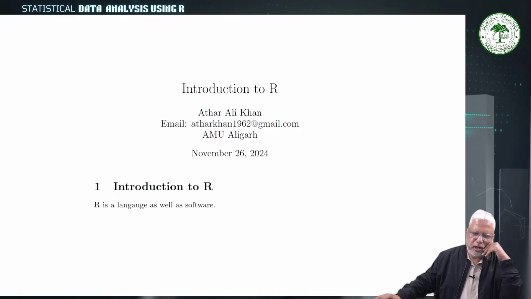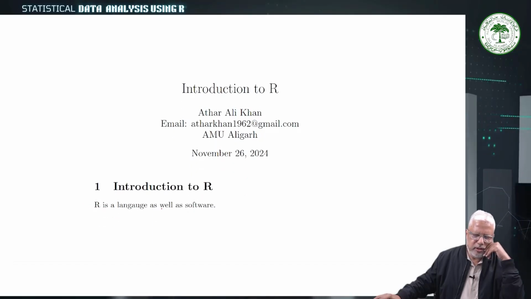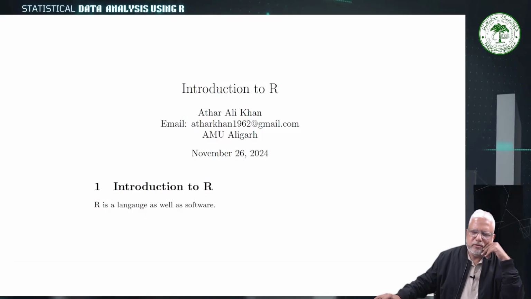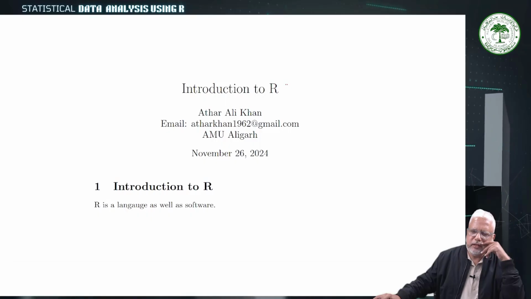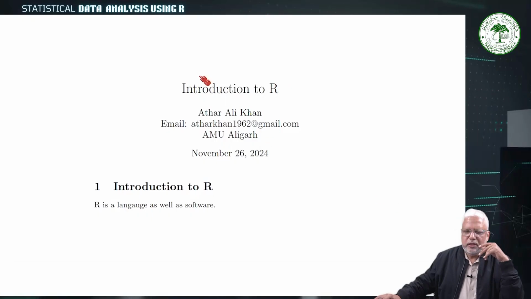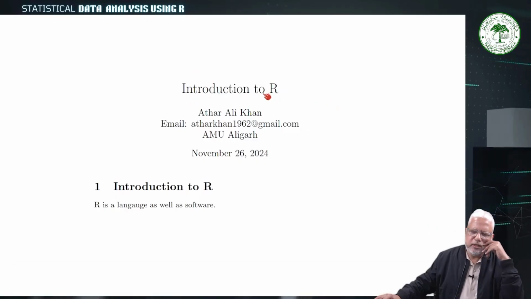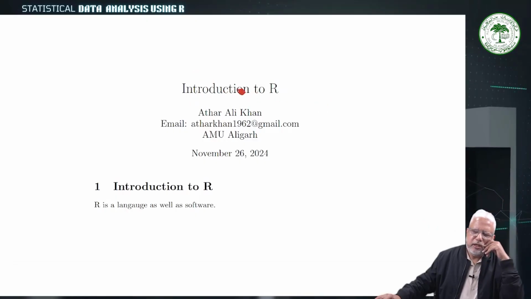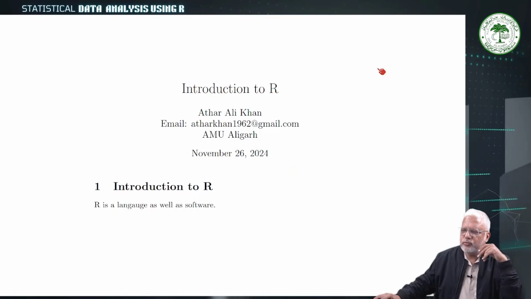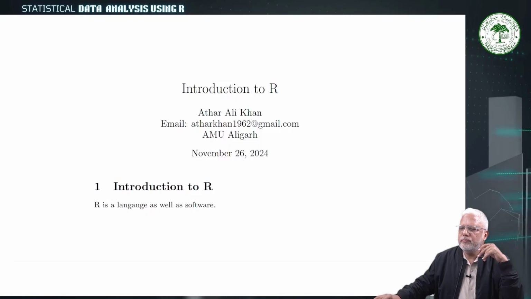then Introduction to R, then R is a language as well as software. Suppose we want this title, Introductory Statistics with R, and that too in bold face. So what we have to do? First we have to close this PDF.